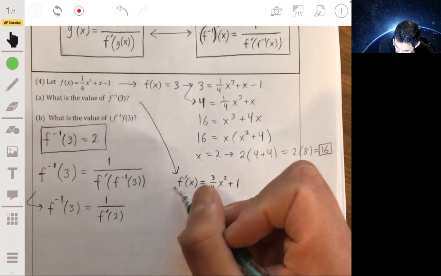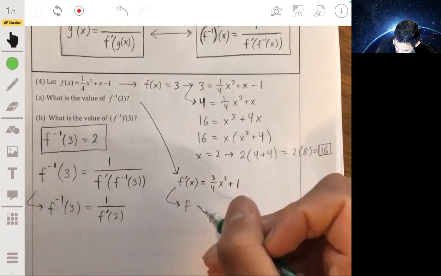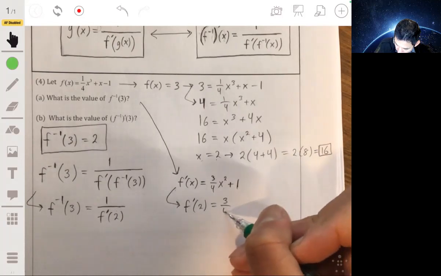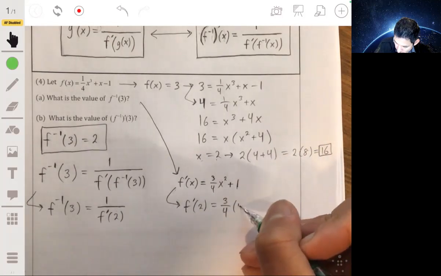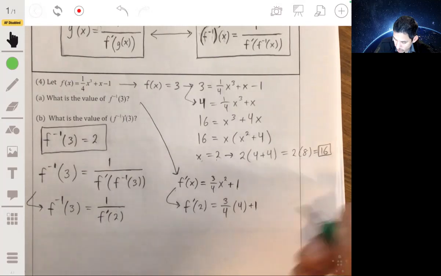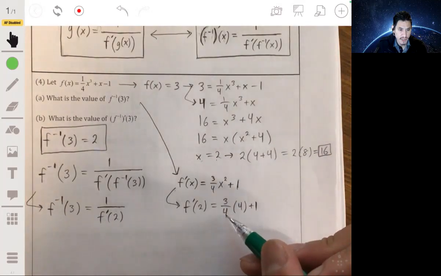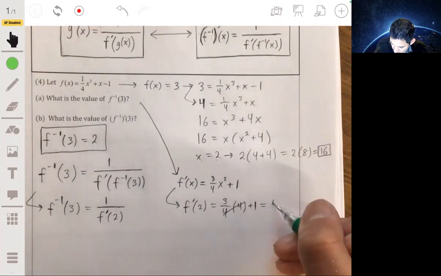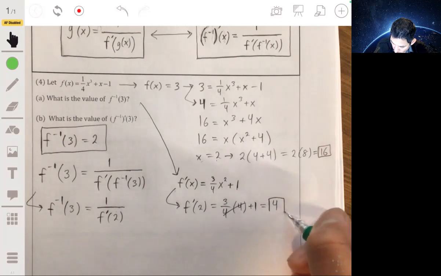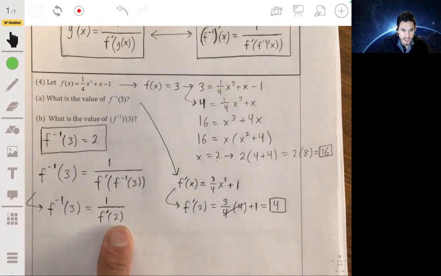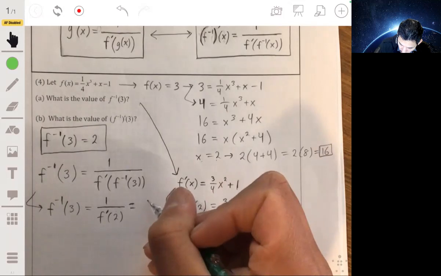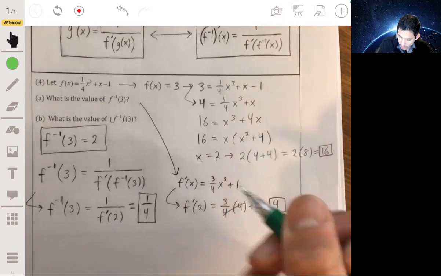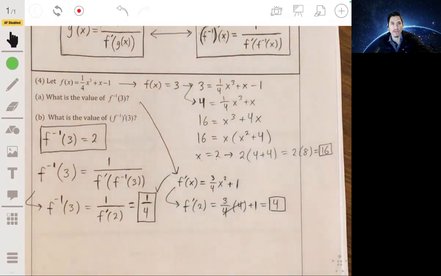And then f prime of 2 will just be 3/4 times 2 squared, or 3/4 times 4, plus 1, which is just basically 3 plus 1, because the 4's cancel. So you get f prime of 2 is 4. And so then this just becomes 1 over 4. And there you go. That's all there is to it.